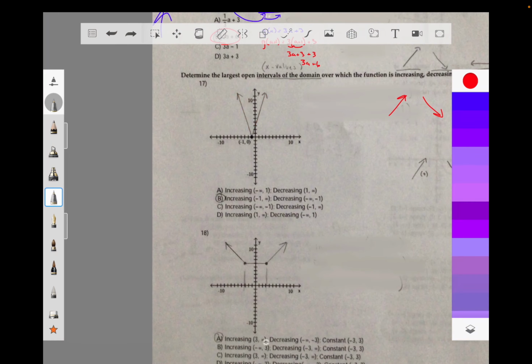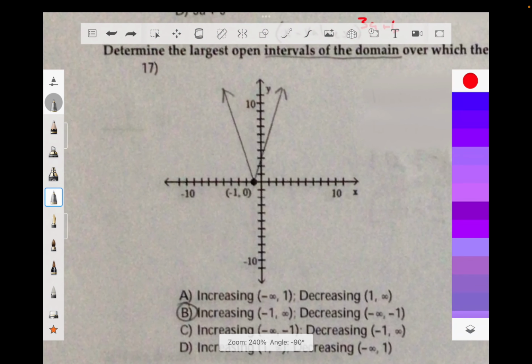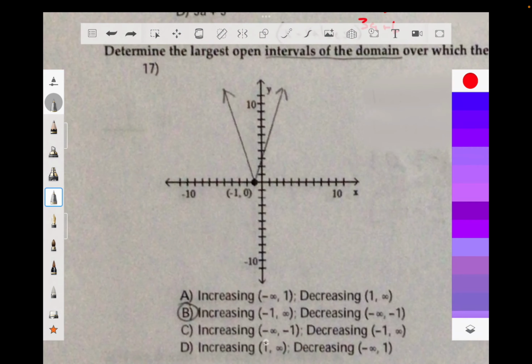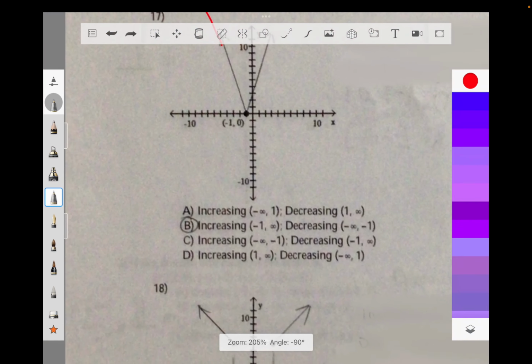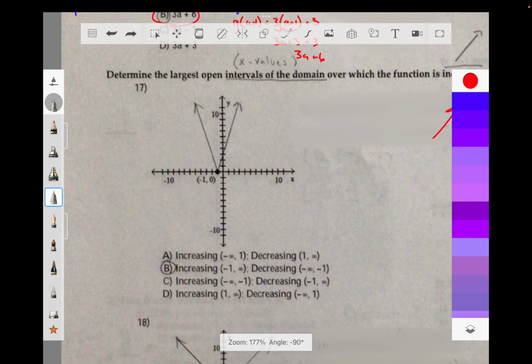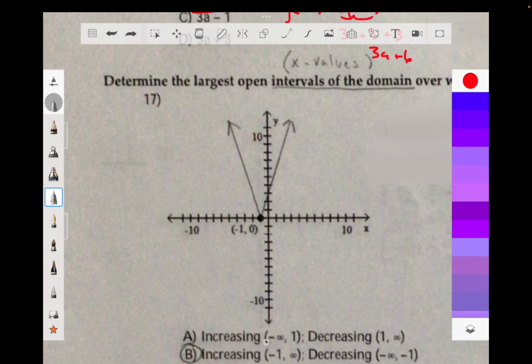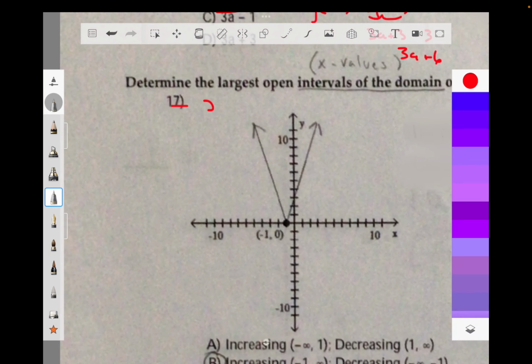So on that principle, you kind of see where this is going. On this one, and these also go infinitely in their respective directions, it'd be decreasing from negative infinity all the way up until this point, which is negative 1.